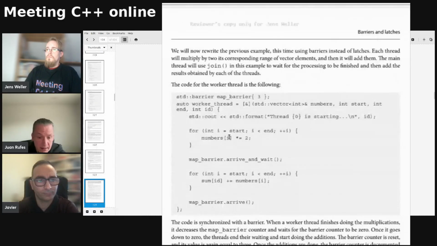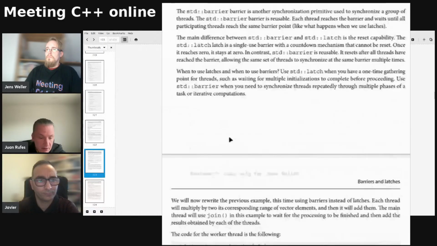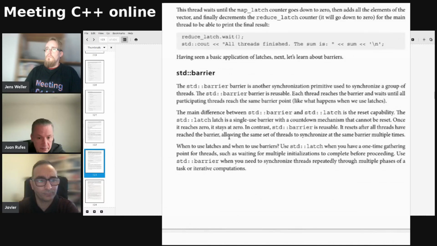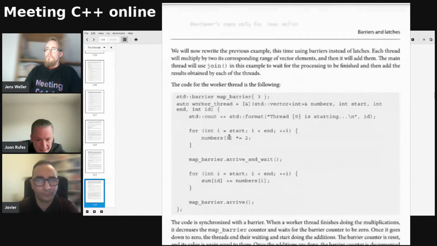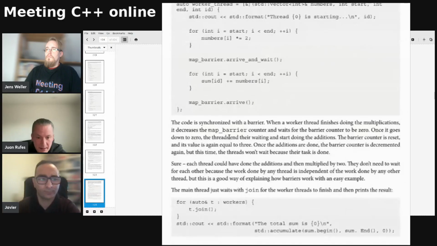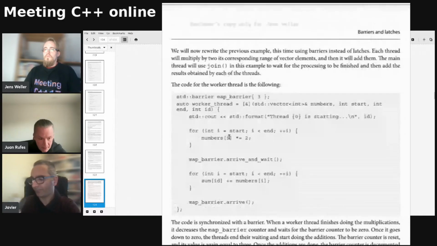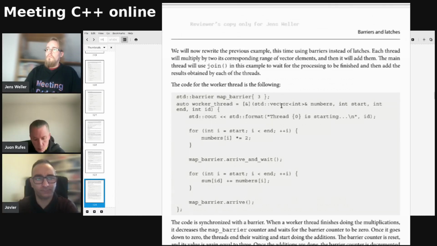It's very similar to a barrier, but you cannot reuse it. The example is probably mostly the same: adding something, and when the threads finish doing the additions, you can go on doing some other operation with the result, or printing it, and so on. It's a point where I want to wait for all the threads to finish their stuff and then go on.